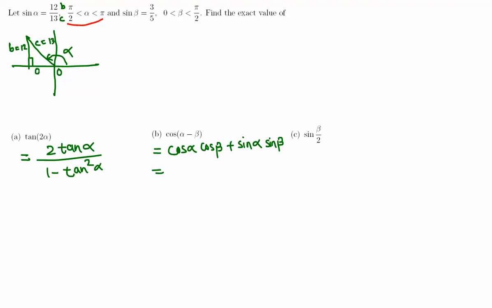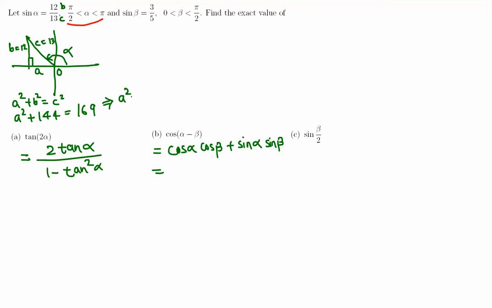Now we need to know this adjacent A. We know that A squared plus B squared equals C squared. A is unknown, A squared plus 12 squared, 144, equals C squared, 13 squared, 169. Now subtract 144 from both sides.